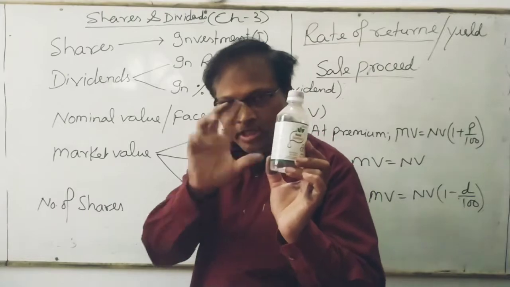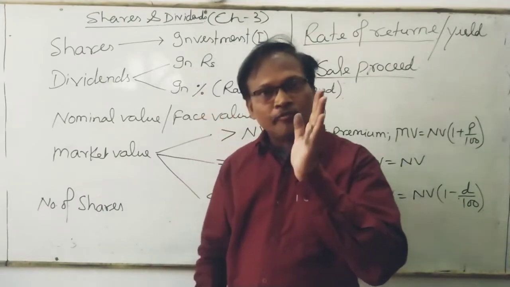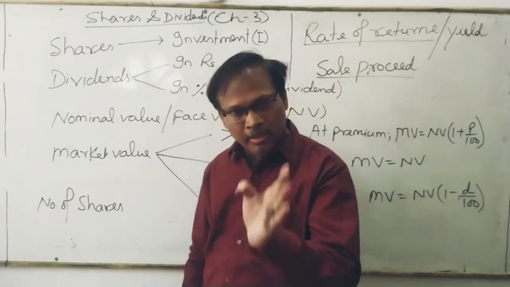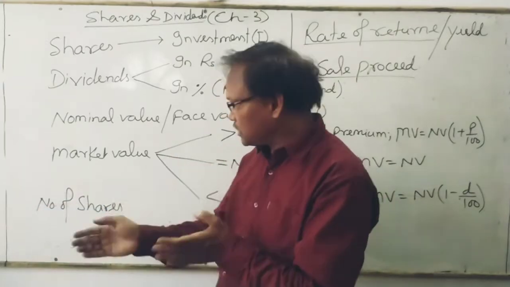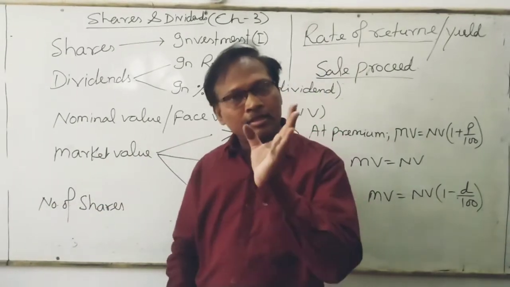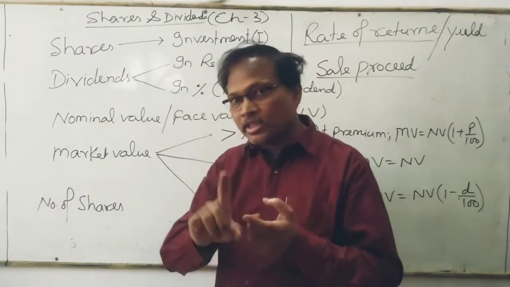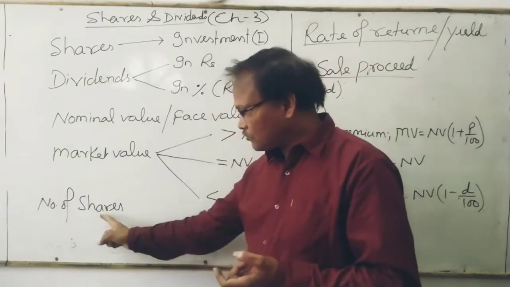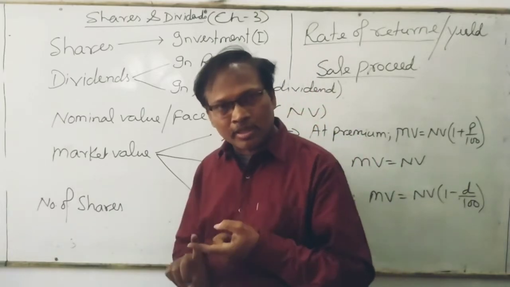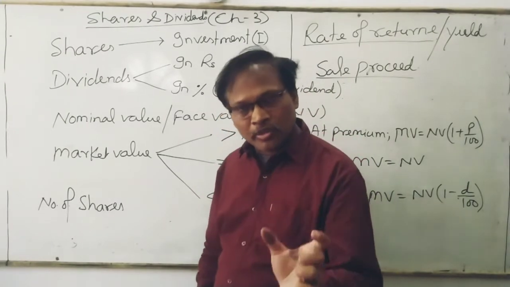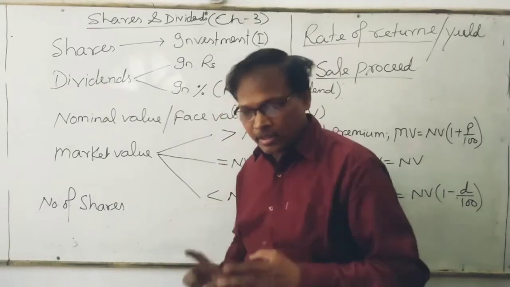अब इसको अगर हम शेयर के वर्ड में लावे तो if you have the rupees 1000 to invest and the market value of the share is rupees 50, then how many shares you will get? Number of shares is equal to जितना इन्वेस्ट किया है डिवाइड कर दो मार्केट वैल्यू से, तो 1000 upon 50, you will get the 20 shares.